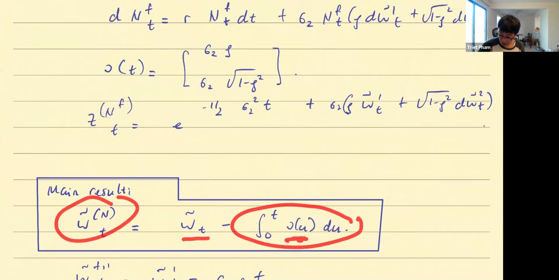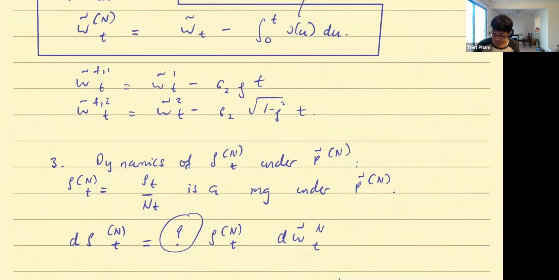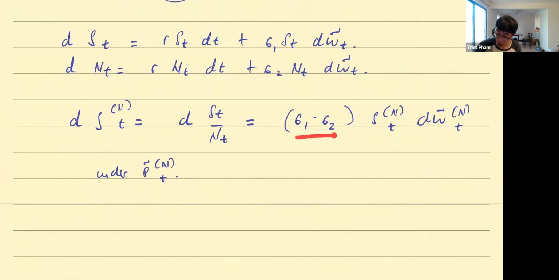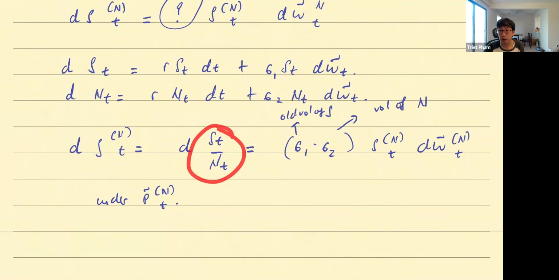So this is V, the volatility term of N. In terms of change of volatility, the new volatility is the old vol of S minus the vol of N. So in other words, the volatility of the numeraire gets subtracted from the volatility of the original stock.